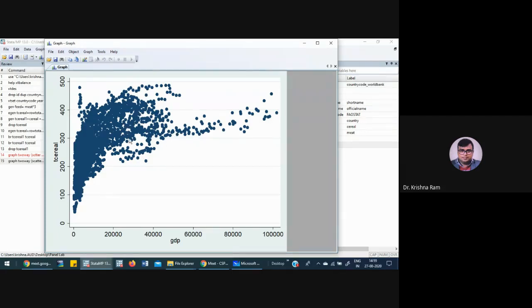Up to the 30,000 range of income, we can find a monotonic relationship between total cereal consumption and income. That means with the rise in income, there is a rise in total cereal consumption.